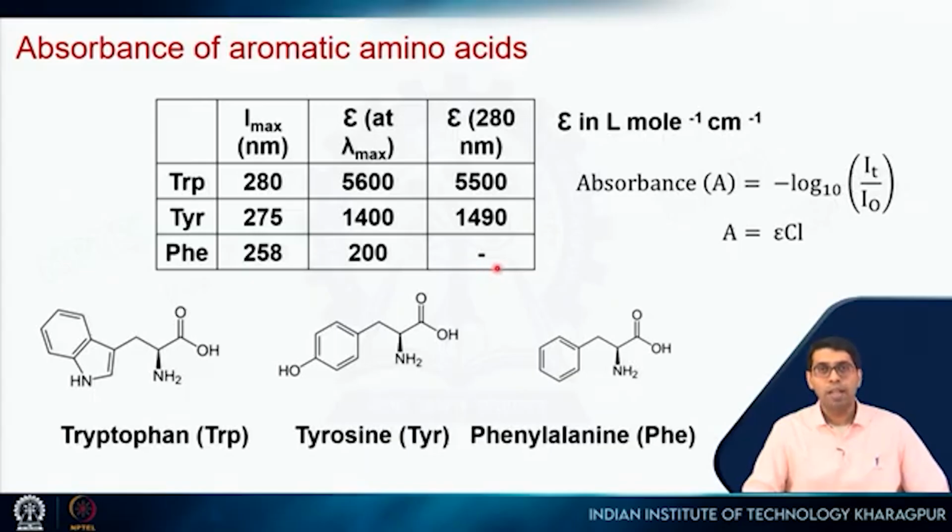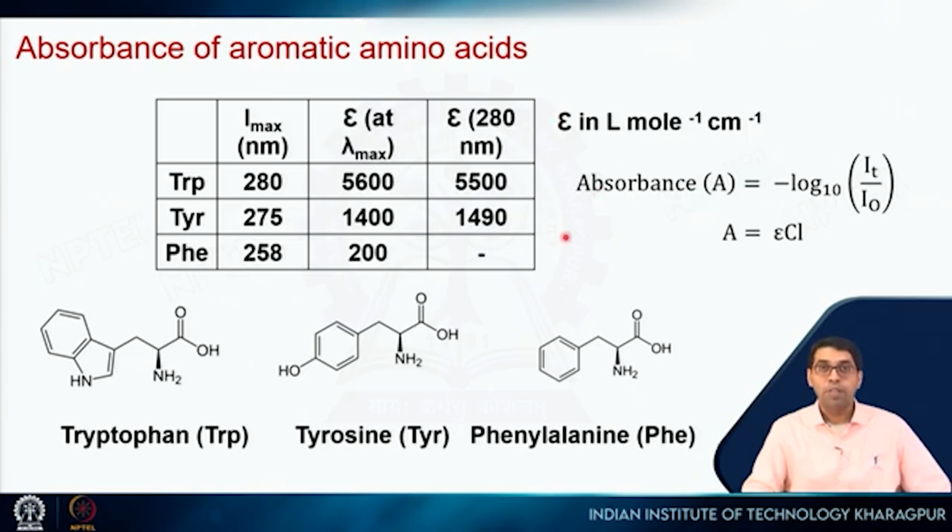Let us say your protein has 2 tryptophans and 1 tyrosine. From this you can roughly calculate the epsilon of your protein. Since there are 2 tryptophans, you multiply by 2, so this will be 11,000, plus 1,490, so 12,490 will be your epsilon.